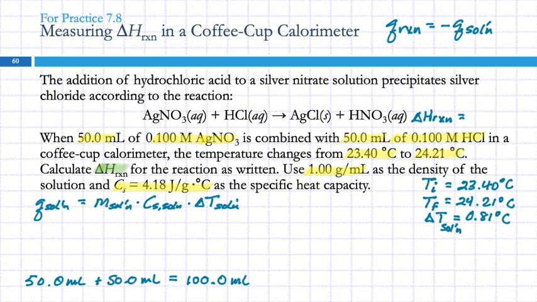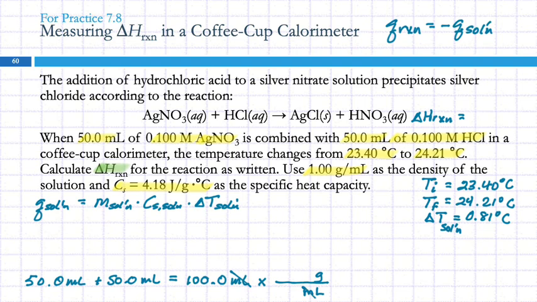I want the mass. They told me what density to use. I've got volume and I want to calculate the mass. So I'm going to multiply by grams and divide by milliliters.